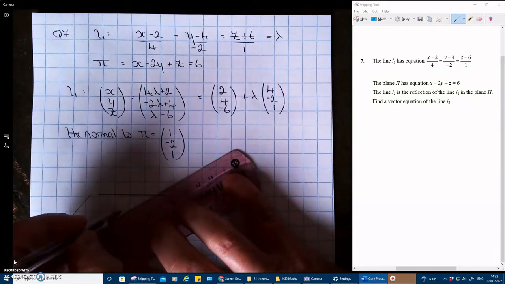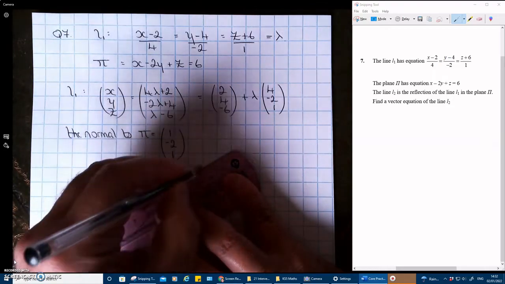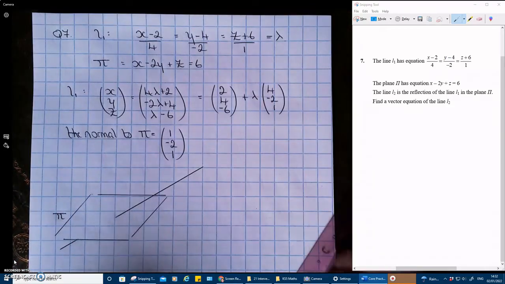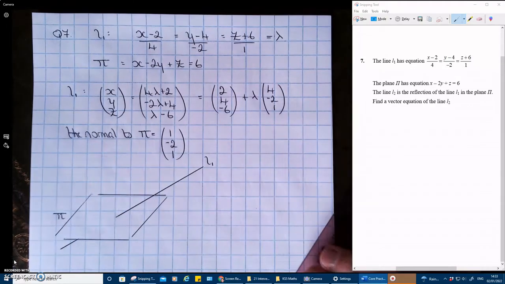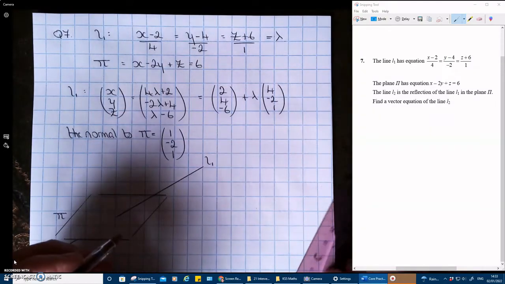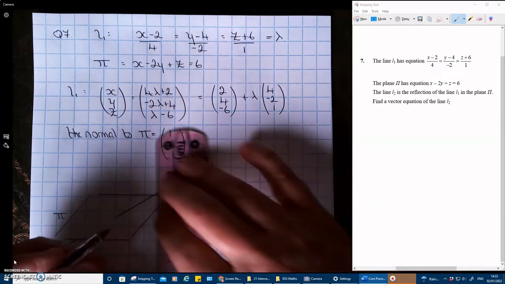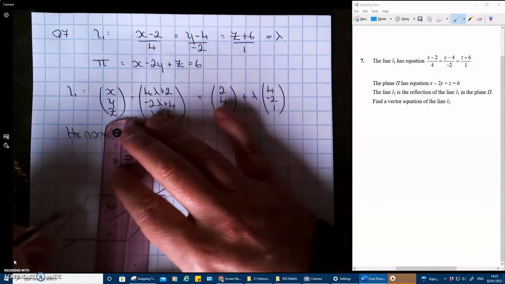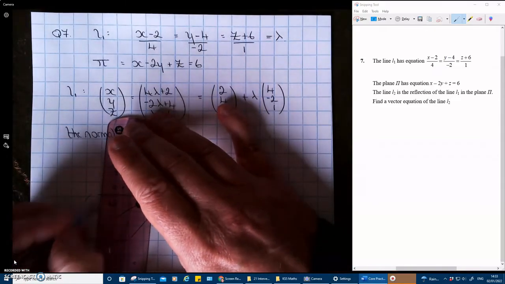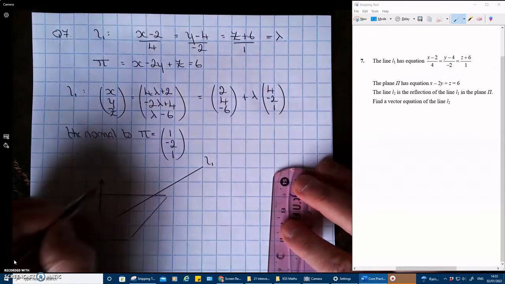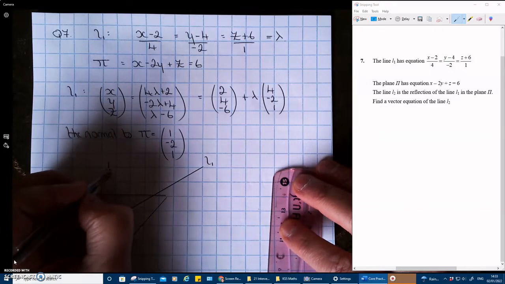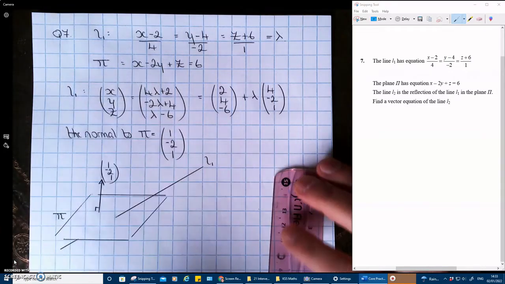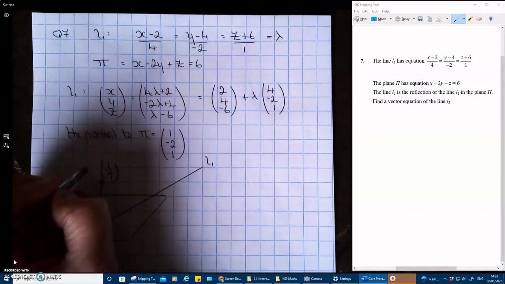Let's make it look like it's coming through the plane. There we go. So that's L1. And then we've got the normal to the plane, which we know, that's the normal to the plane, and that's 1, minus 2, 1. I'll call that N.